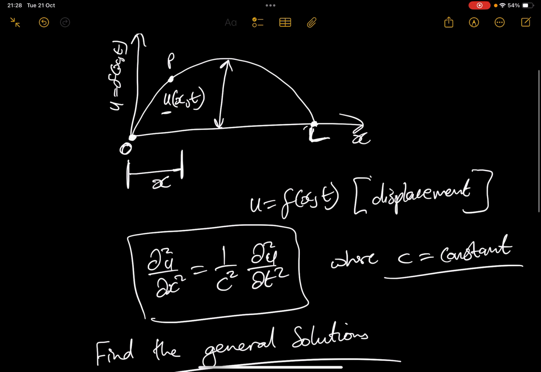So how do we go about this one? If you have a function that you differentiate twice and you get 0, what was the nature of that function? That means that function was linear, right? Because if you have y is equal to 2x plus 3, the first derivative is 2, and the second derivative is 0.